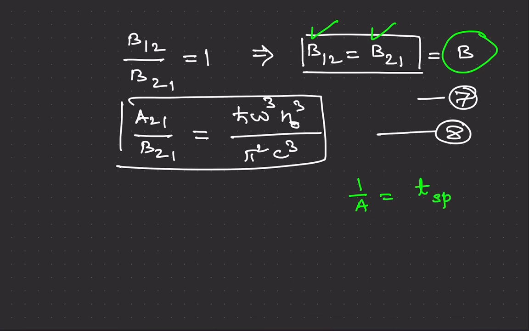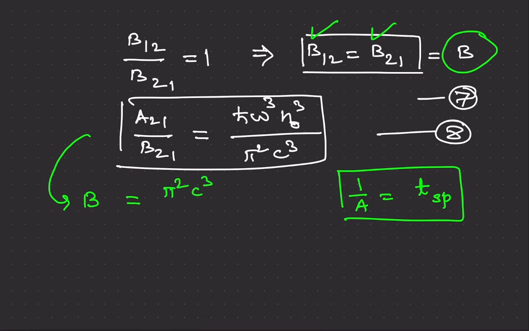Tsp, where Tsp is the spontaneous lifetime. Therefore, this equation reduces to B is equal to pi square c cube divided by h cross omega cube n0 cube into 1 by Tsp.